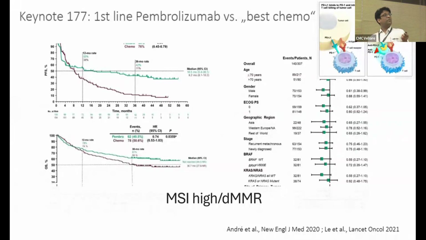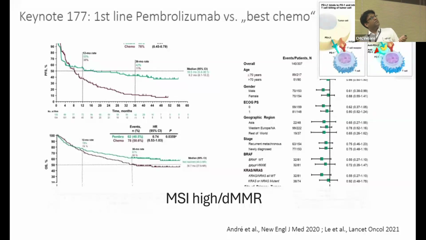But at the same time, the benefits you can see in this graph, for those who are given pembrolizumab versus chemotherapy. Best chemotherapy means in this particular trial, all patients were randomized to receive either pembrolizumab or the treating physician's choice of whatever he thought was the best chemo, right?